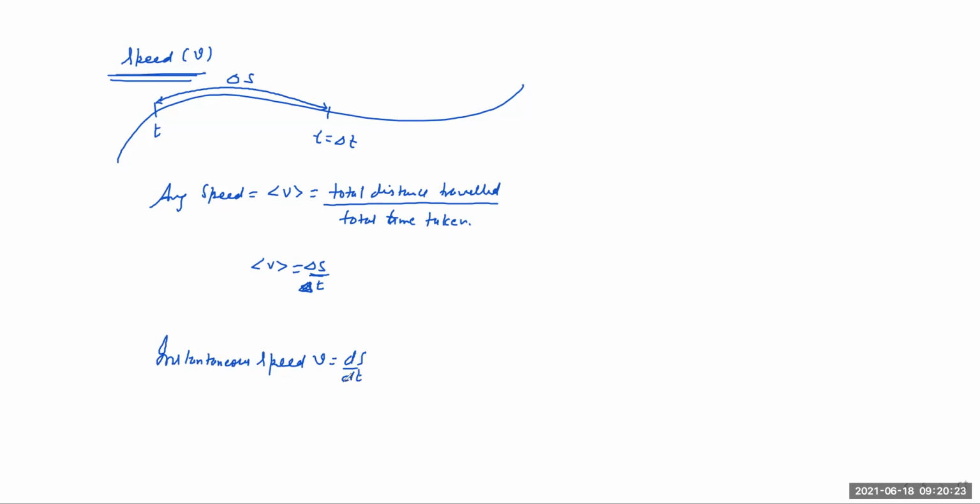Now you can see something more interesting here, which we will again learn in kinematics. If we have a curved path, not a straight line, and I take a beginning point and an end point far away, and join these two points, the length of the red line is called the magnitude of displacement, whereas the length of the path is called distance.